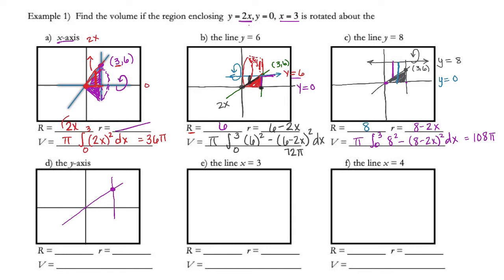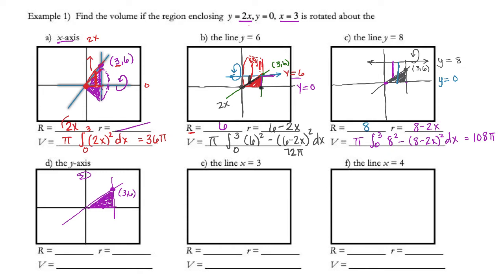So again, same basic shape, and here's our solid, and our point of intersection is 3, 6, but this time I'm wanting to revolve it about the y-axis.